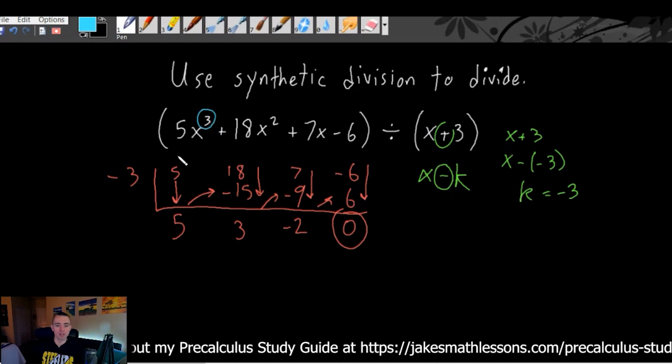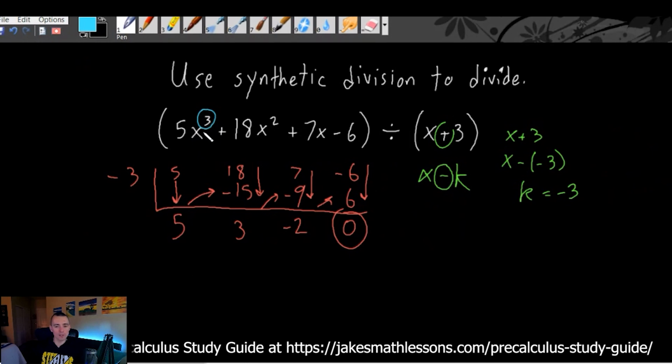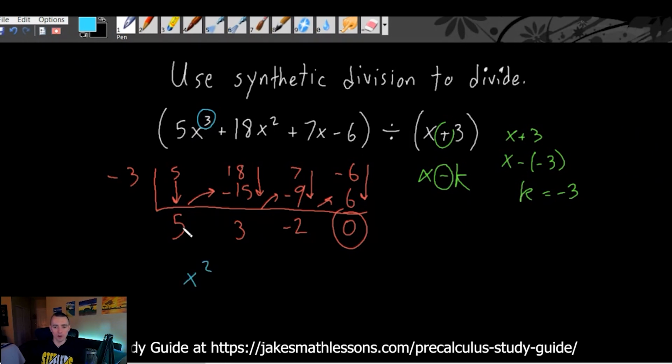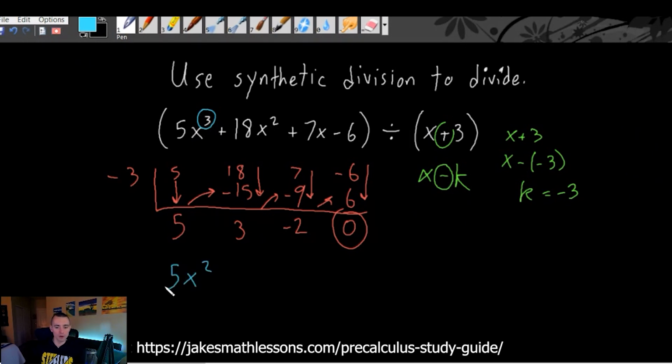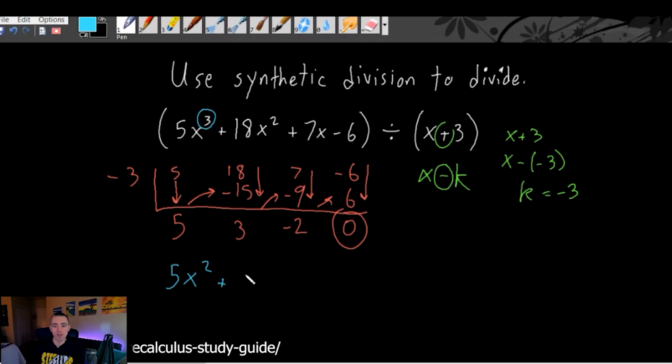So in this case, we know that our highest power x is going to be x squared, and the coefficient of that term is going to be +5. And then we're just going to decrease our power of x until we use up all these coefficients. So the next one is going to be 3 times x, and then the last one is just going to be -2 with no x with it.